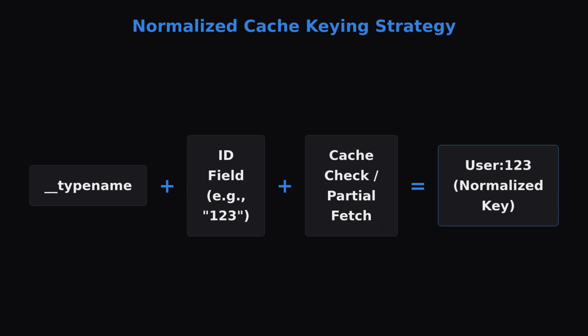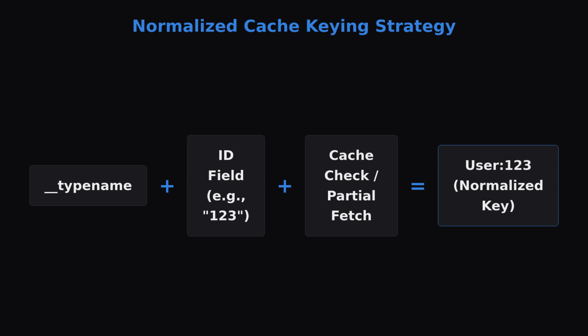Normalized caching prevents redundant network requests by storing data based on unique identifiers. The cache uses a composite key derived from the object's mandatory double-underscore typename field and its unique identifier field. For instance, an object with typename User and identifier 123 is stored under the key User:123.